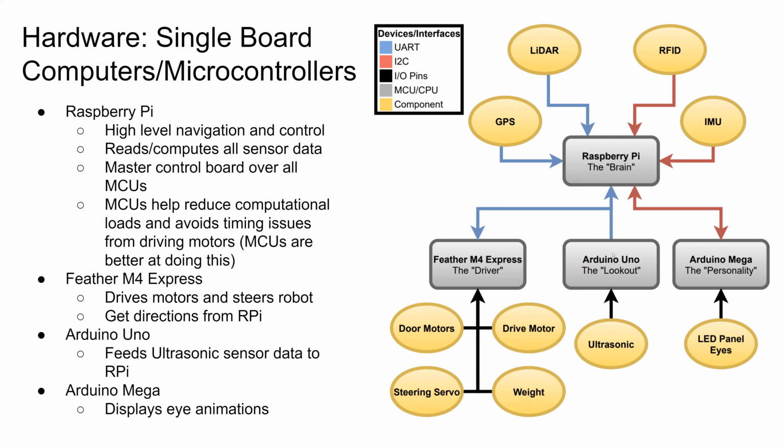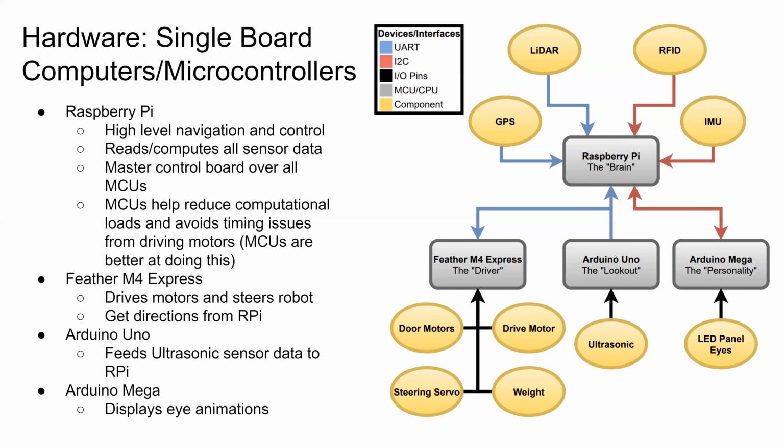We also had an Arduino Uno that would read ultrasonic sensor data. The reason for this was that we were having a lot of trouble interfacing with the ultrasonic sensors. They used to be attached to the Raspberry Pi, but the coding libraries for it just weren't as robust as the Arduino coding libraries.